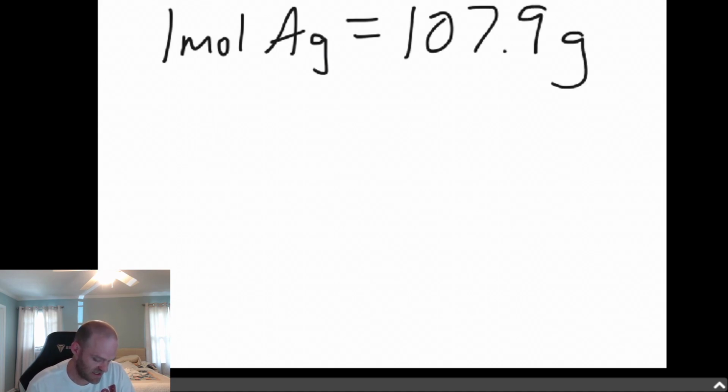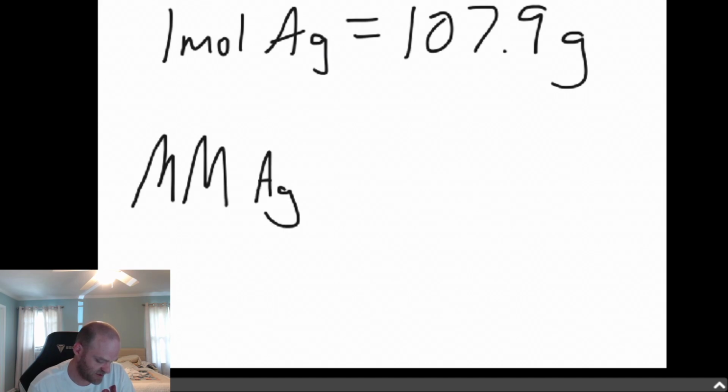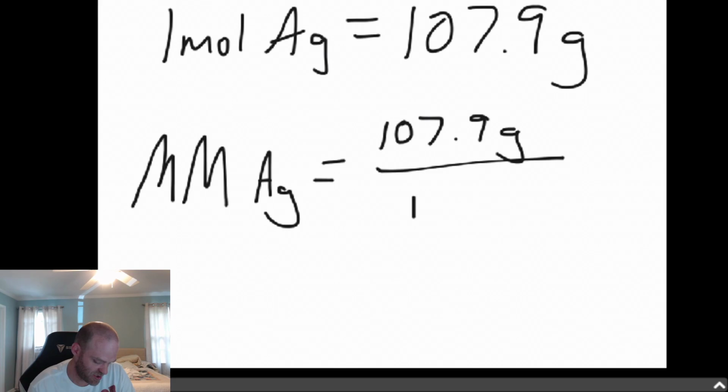So when I set this up in my equation and I say the molar mass, it might be 2 big M's like that, of silver equals 107.9 grams per mole. Remember, when I say per, that means the next things go on the bottom.